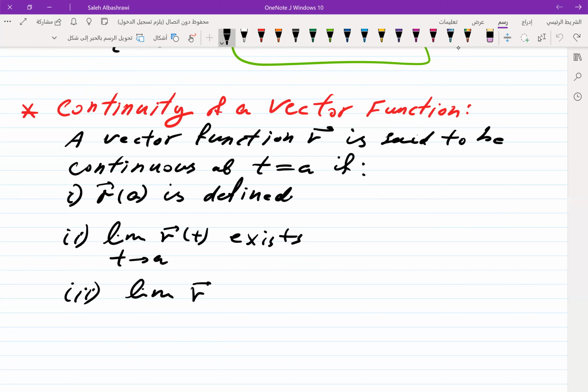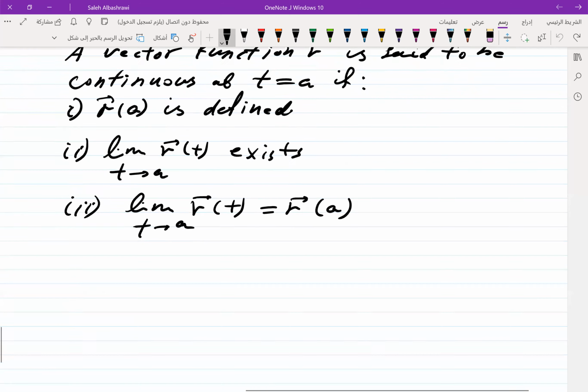Limit of the vector function r of t as t goes to a equal to r of a. So if the three conditions are satisfied, then the vector function is continuous.